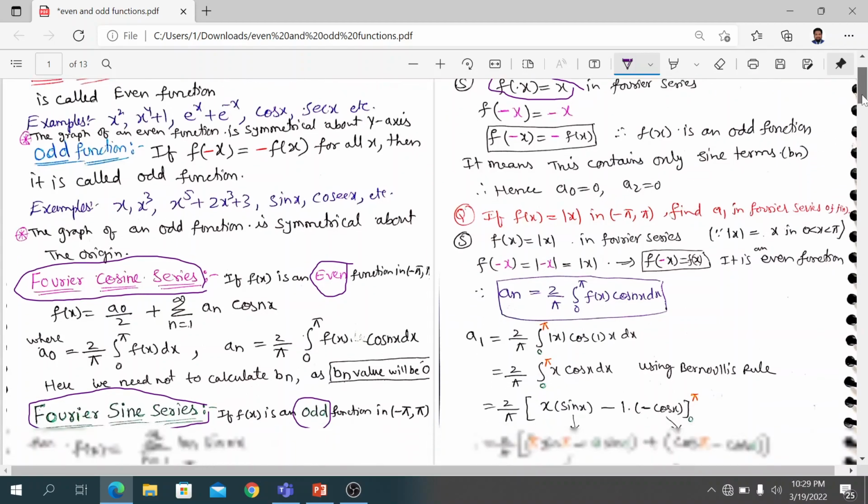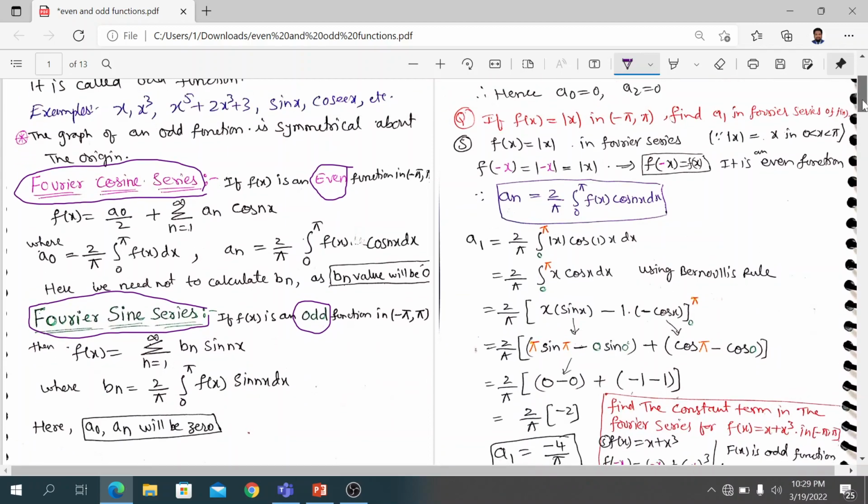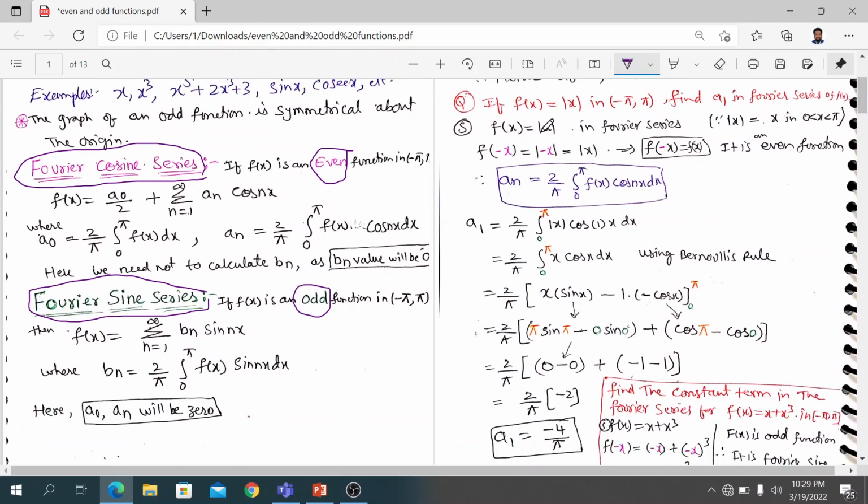Okay, now next question. If f of x is equal to mod x in minus pi to pi, find a1 in the Fourier series of f of x. See, this is f of x is equal to mod x.